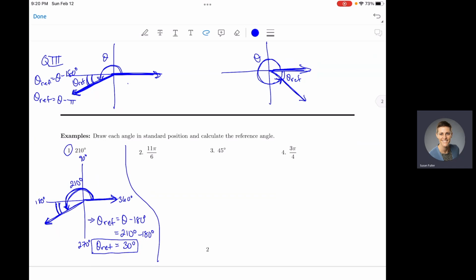Okay, number 2, 11 pi over 6. First of all, we have to figure out where this angle lives. This is in radians, which is going to be harder for our brain to do. I know that the top here is 90 degrees, which is pi over 2 radians. That should already be in your programming.